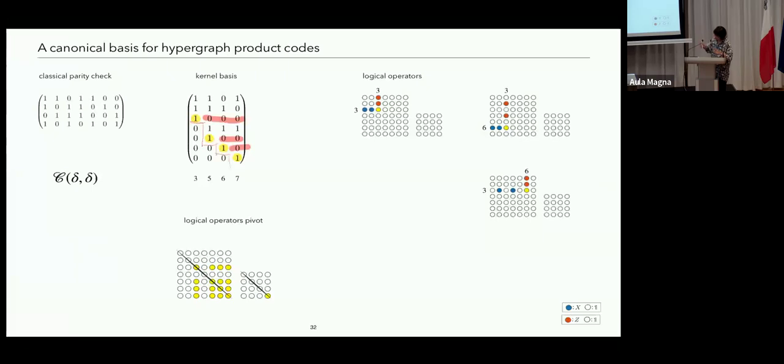The only thing that I want to point out is that these pivots that I've highlighted all have a support number. So this is the third one, because the pivot is on row number 3, 5th, 6th, and 7.